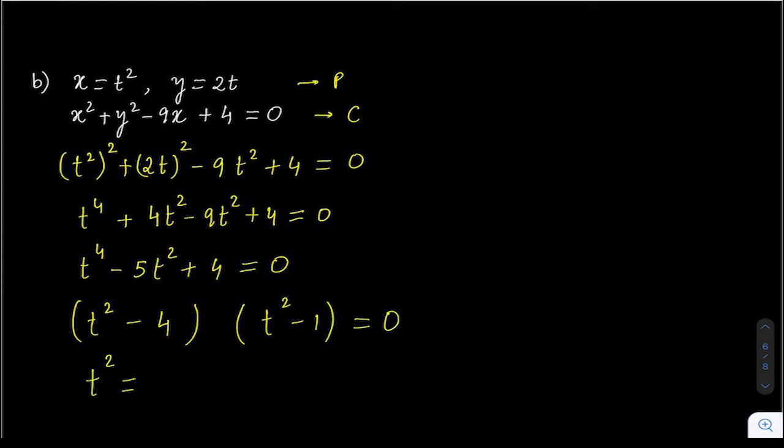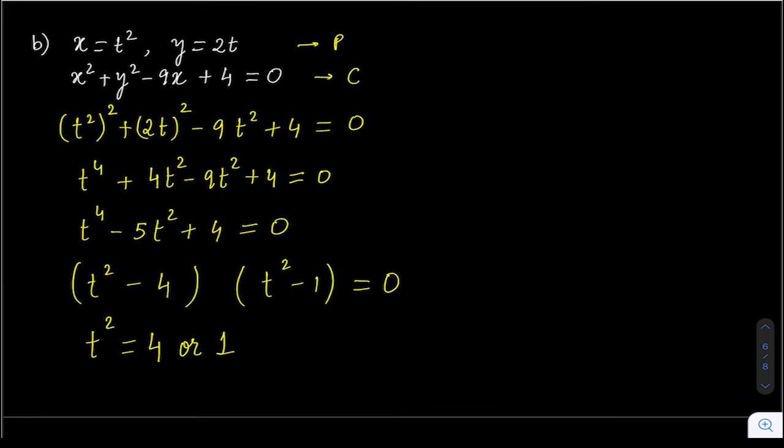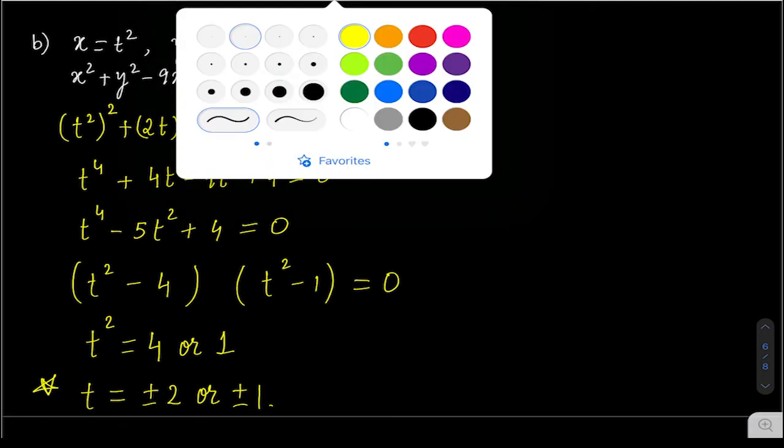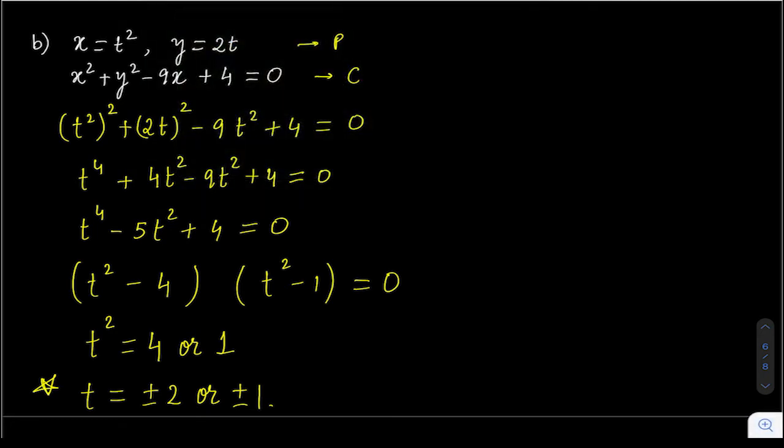From this I am getting t square value as 4 or 1. Now once I have the t square value, my t value will be plus minus 2 or plus minus 1. Always remember this plus minus because it's t square. So I have actually 4 t values, so there will be 4 points.